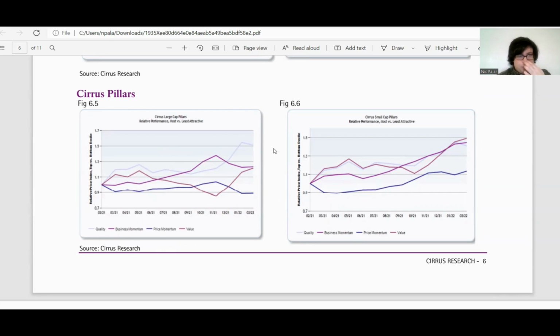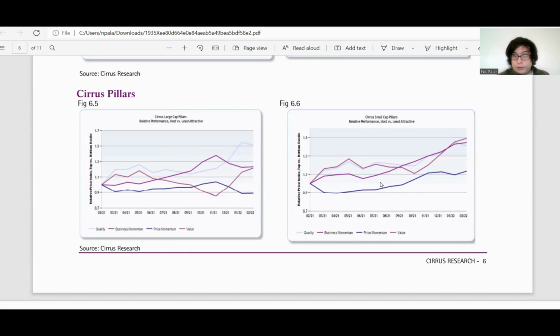So in a situation in which some of the other factors such as price momentum had more mixed results within large caps, quality outperformed quite a bit.